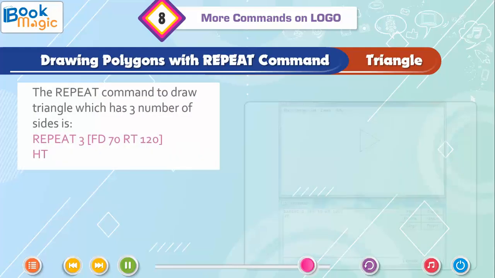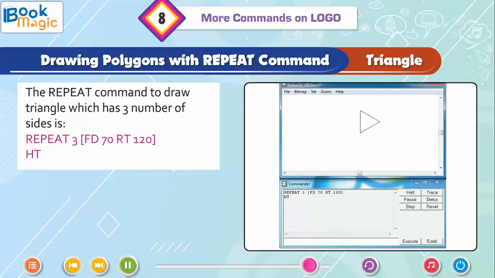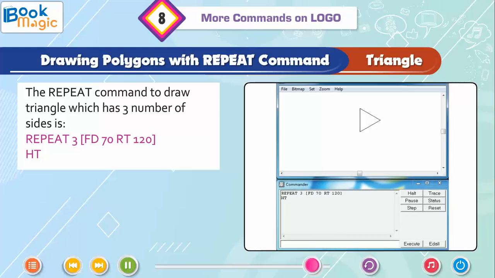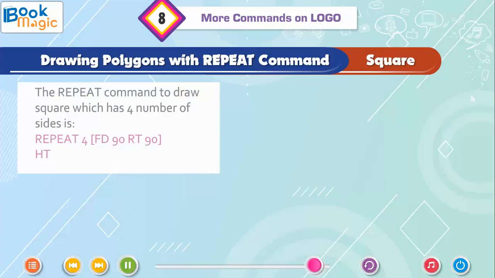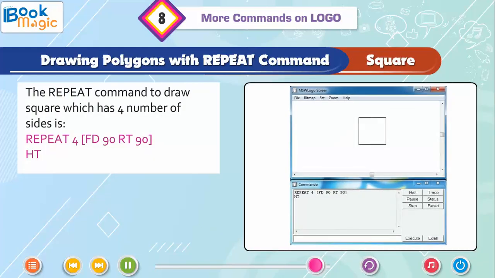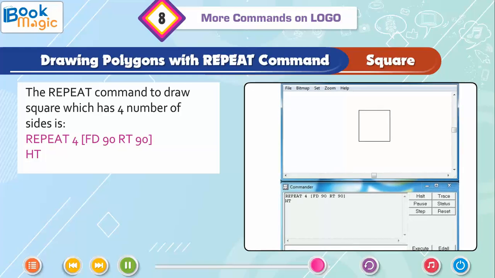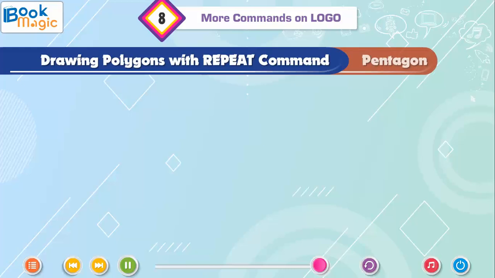Triangle. The repeat command to draw a triangle which has 3 sides is repeat 3 FD 70 RT 120 HT. Square. The repeat command to draw a square which has 4 sides is repeat 4 FD 90 RT 90 HT.